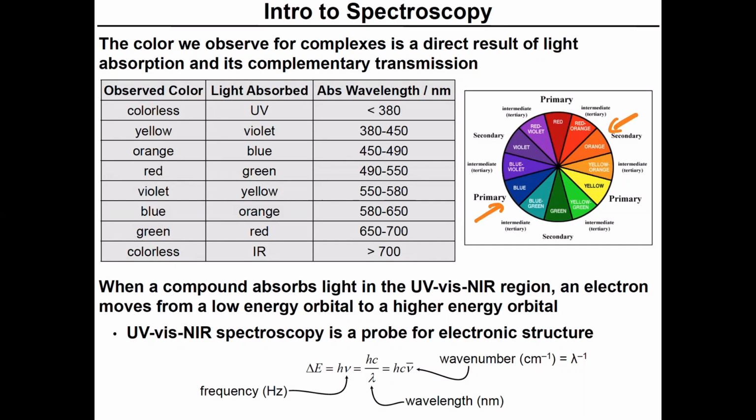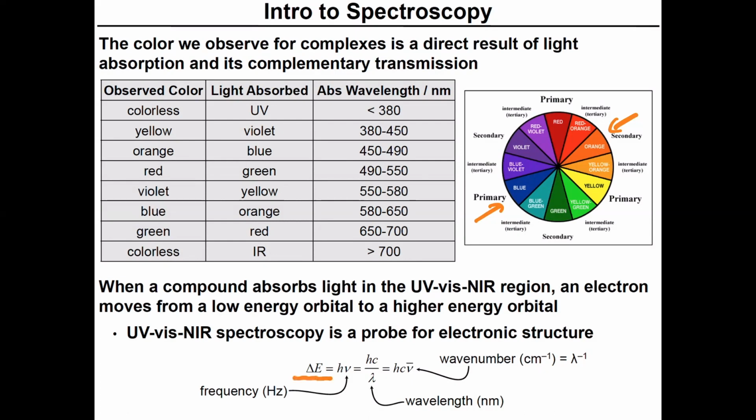And ultimately, what we do is we now can have a metric for where a molecule or material absorbs light. And then we're able to identify that that's representing an energy difference between a ground state and an excited state.